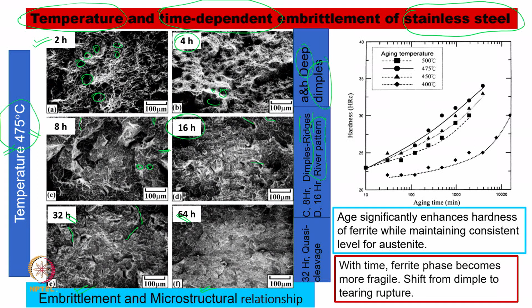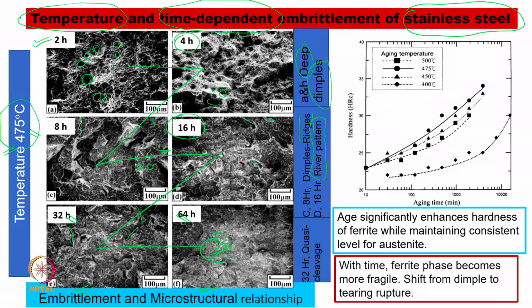As the brittleness increases because of time, even though in all the 6 cases the temperature is the same, 475 degrees, the exposure was for 2 hours, 4 hours, 8 hours, 16 hours, 32 hours and 64 hours. The brittleness is continuously increasing, and the last has the highest brittleness.